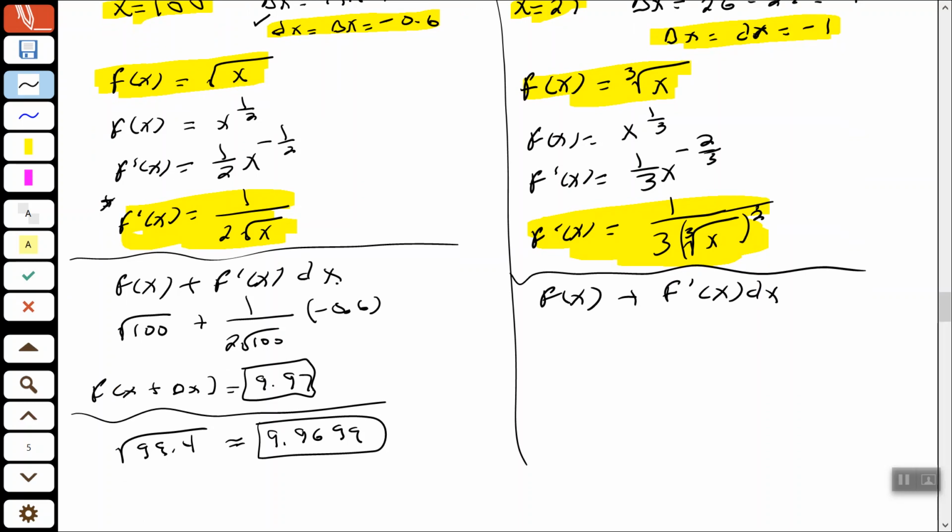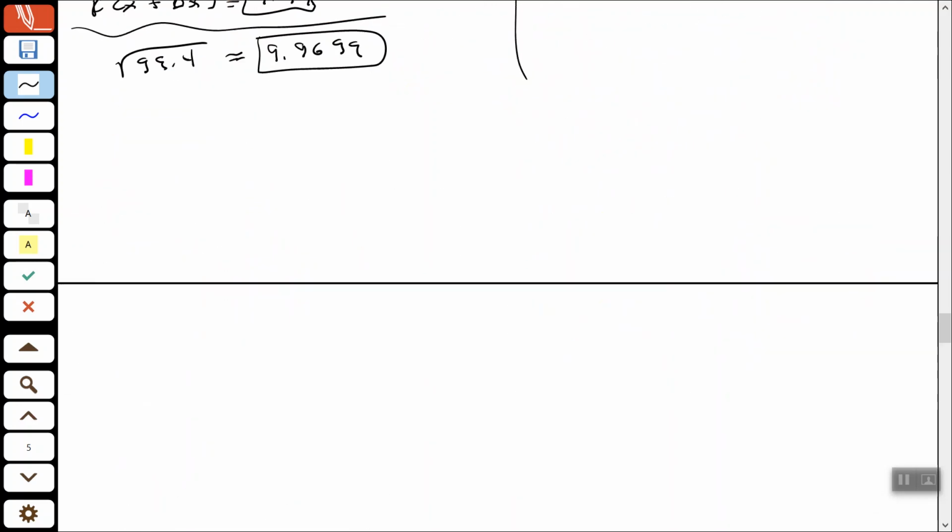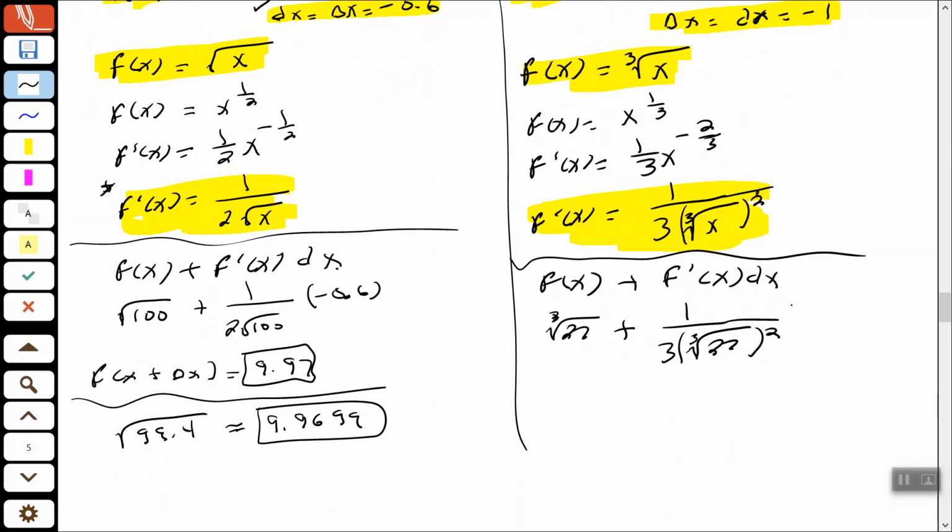All right, so f of x, we let x equal 27, so the cube root of 27, plus the first derivative, 1 over 3 times the cube root of 27 squared, times dx, which is negative 1, gives us the approximation of our differential to be 2.9629.